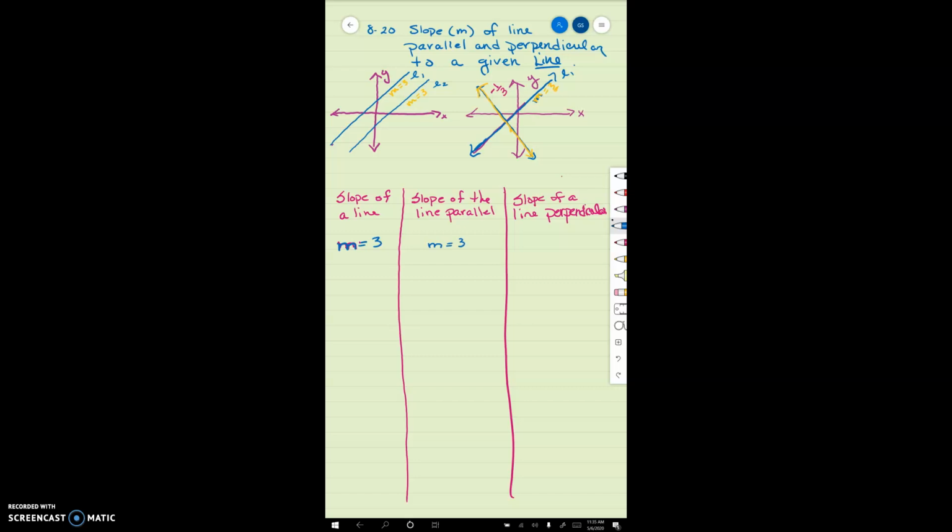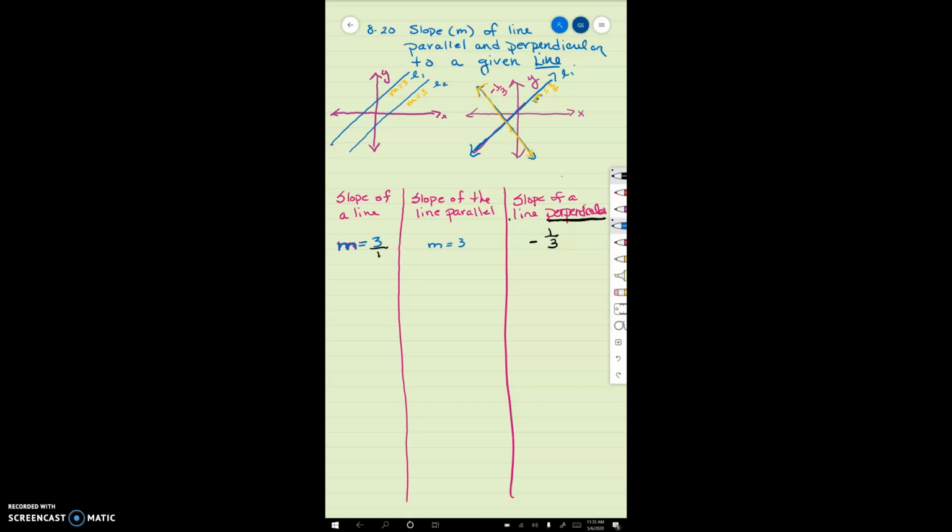The slope of the line perpendicular is going to be different, okay? So this is a positive, so we're going to have a negative. Now, we also have to take the reciprocal. So 3 is really 3 over 1. So the reciprocal of 3 over 1 is 1 over 3. So that is the slope of the line that is perpendicular to the original line.